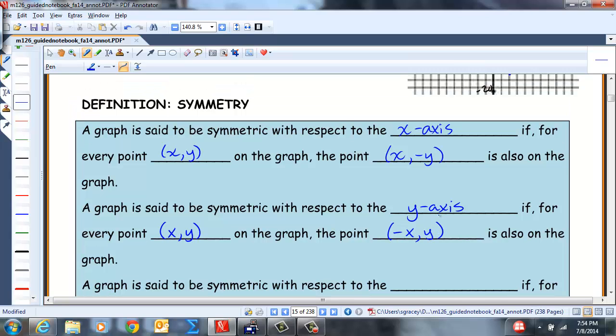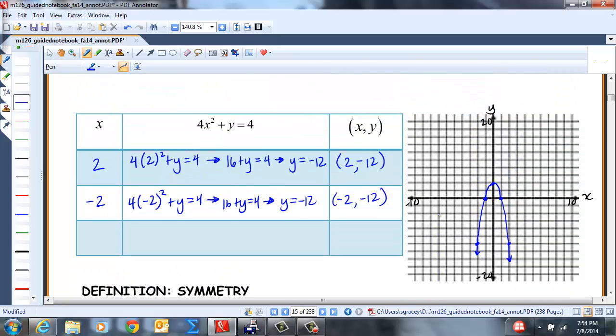So let's scroll back up to this guy. Do you see that the ordered pair 1, 0 is on the graph? And so the ordered pair negative 1, 0 is also on the graph, right? So you have this fold line right at the y-axis.